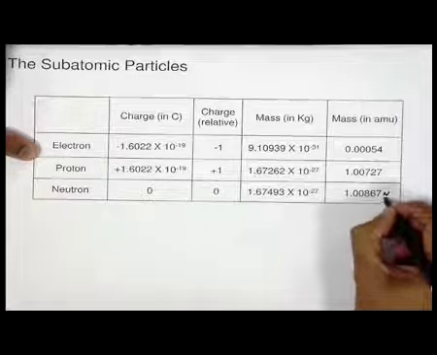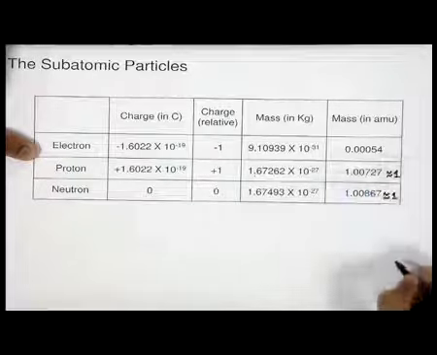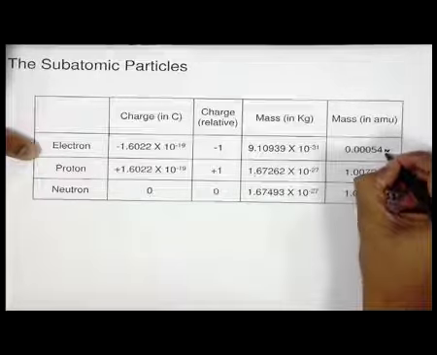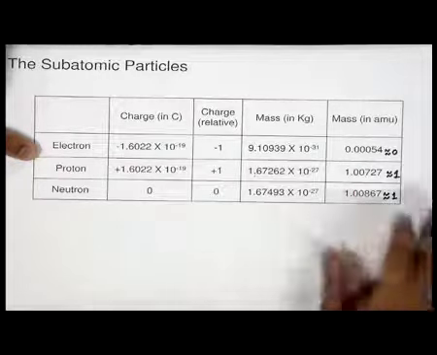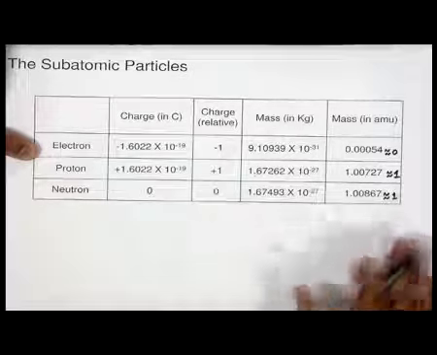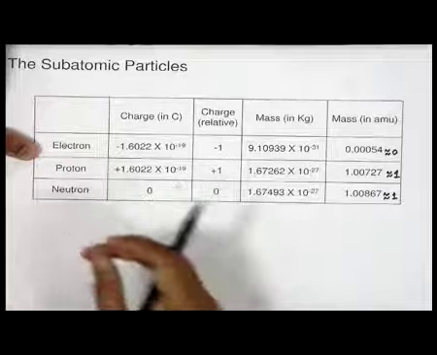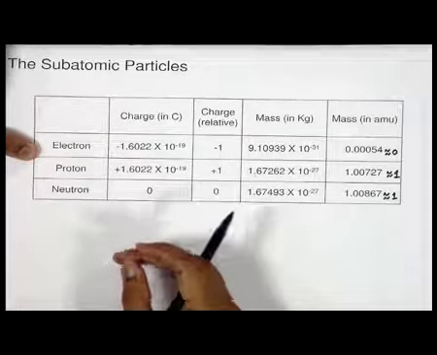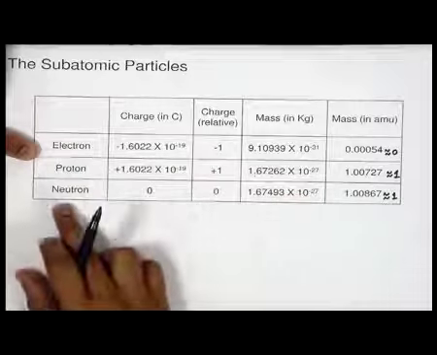We can roughly say that the neutron has 1 AMU mass, the proton has 1 AMU mass, and the electron is almost nearly 0. In this way, we discussed the discovery of the electron, proton and neutron, how the nucleus is made up, and the individual charges and masses of these fundamental particles.